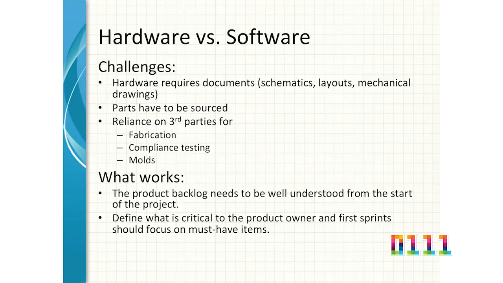So what does work? Well, okay. Companies who have been successful using Scrum in embedded systems have done two things. First of all, well, more than two things, but the first thing that you need to do is understand what it is that you're building and understand it well.